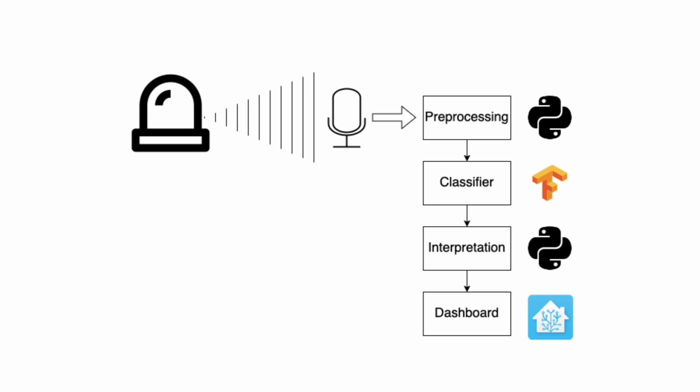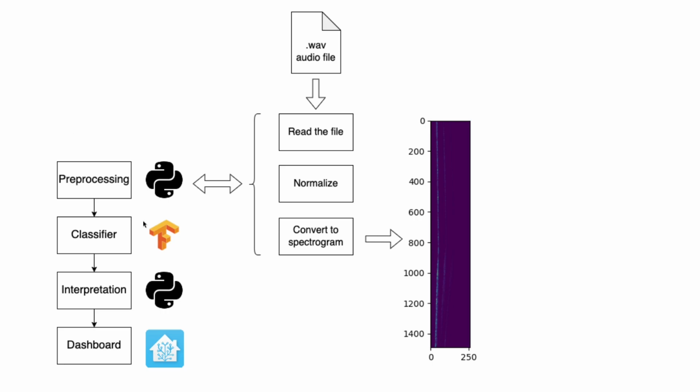Our goal is to make it work at all, not to optimize and not to make it portable in this video in this run. So we will use Python and TensorFlow to make it work. Now let's discuss the elements of our chain one by one, and let's start with the first one, the preprocessing.